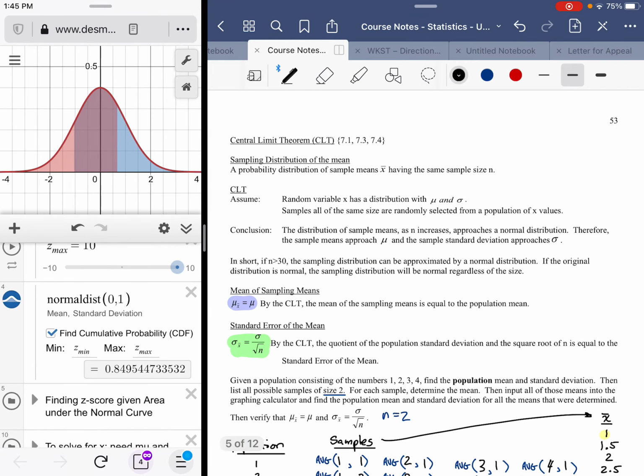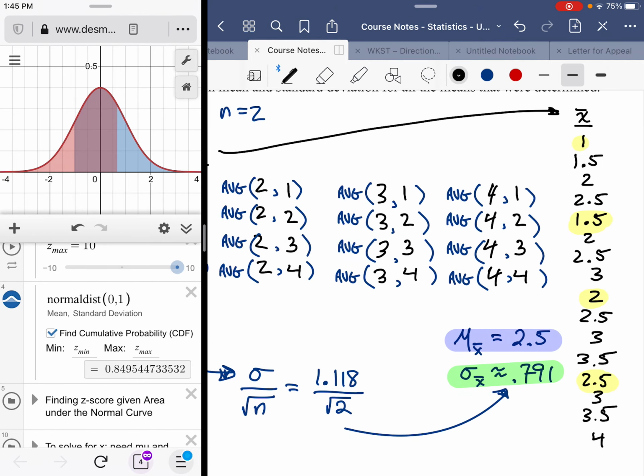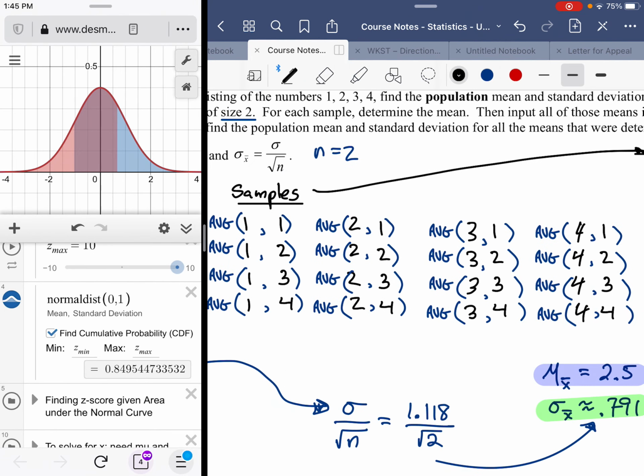All right, so when we looked at each one of these samples here, each one of these samples had one, like there was a 1, there was a 4. You might look at the 4 as an extreme value. You might look at the 1 as an extreme value, but let's just focus on the 4.